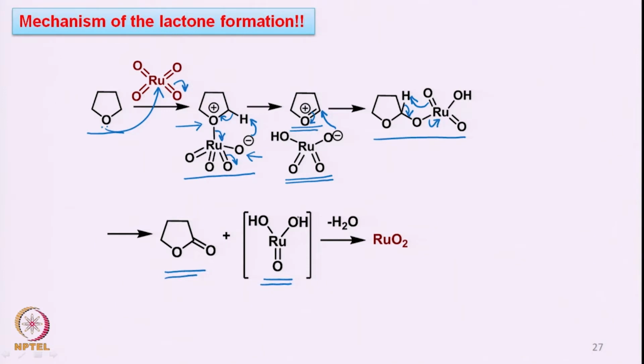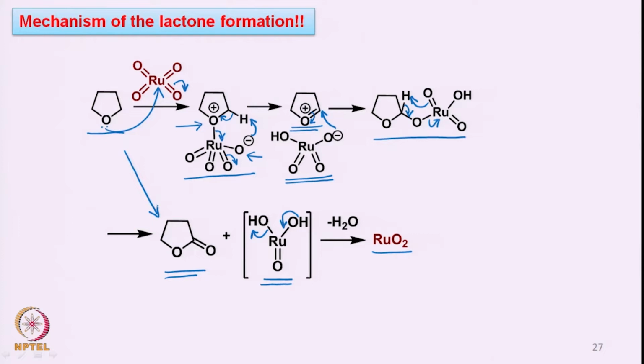This ruthenium species loses water to form ruthenium dioxide. So ruthenium tetroxide has got converted to ruthenium dioxide, and in the process the ether, which is tetrahydrofuran, has got converted to the corresponding lactone. This is how the reaction occurs, and it is a very useful reaction as we had seen different types of examples.